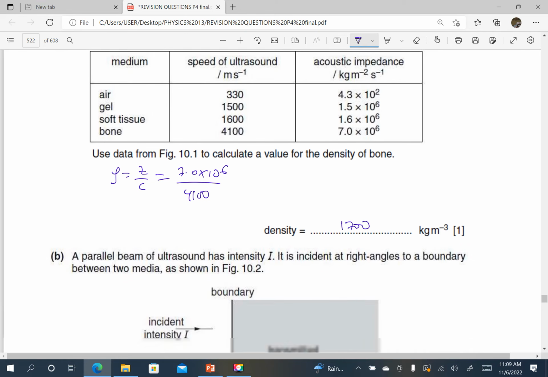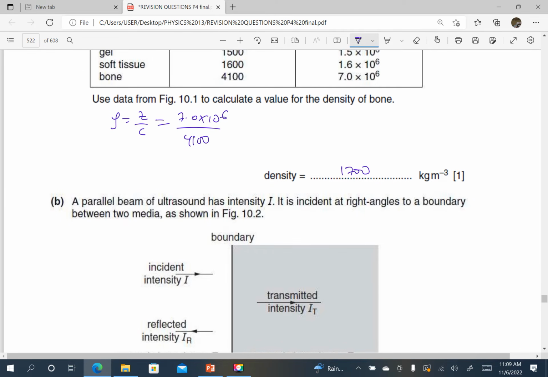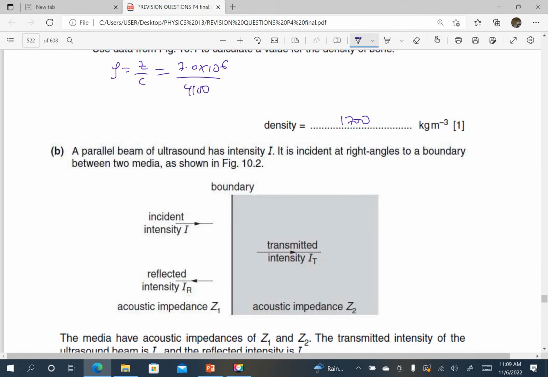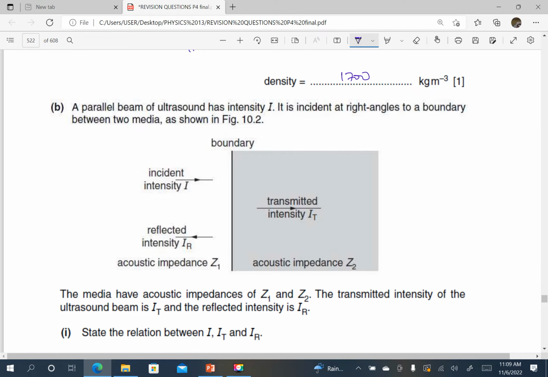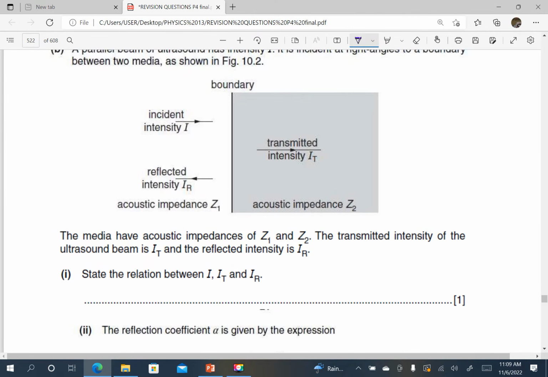A parallel beam of ultrasound has intensity I. It is incident at right angles to a boundary between two media as shown in the figure here. The media have acoustic impedances Z1 and Z2.